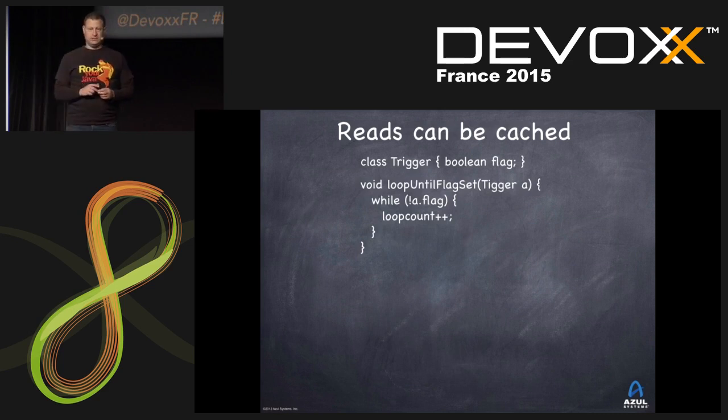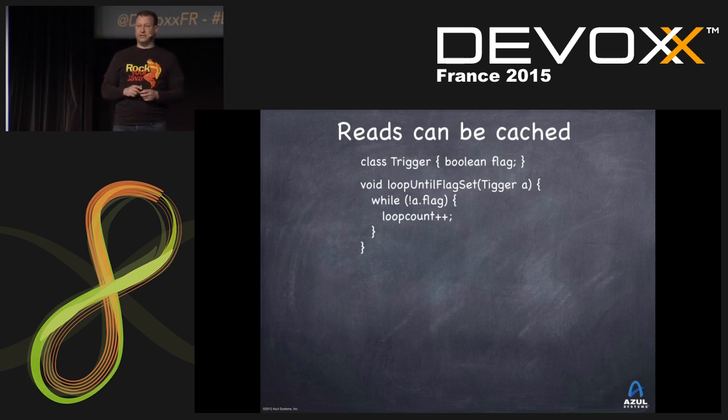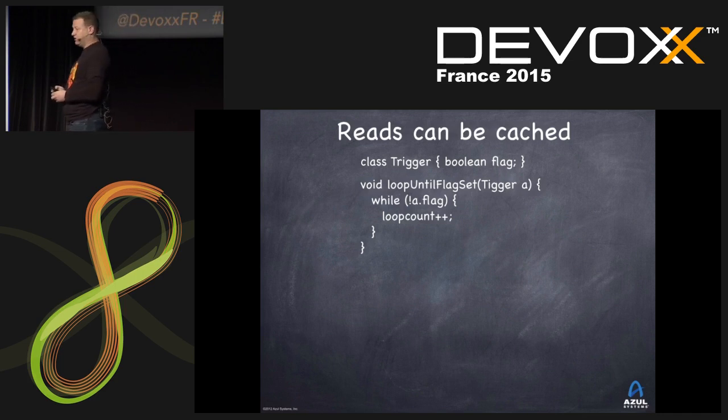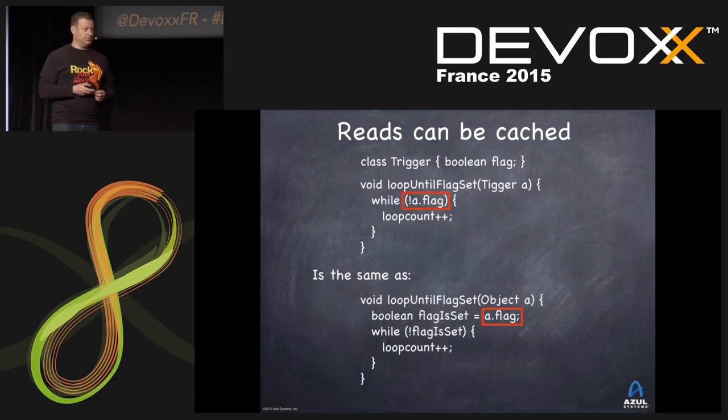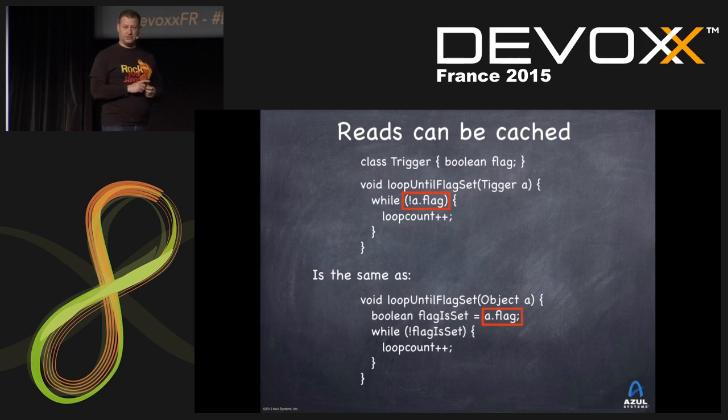eliminate reads in more surprising ways. Well, not surprising ways, but more impactful ways. See that loop? Running on a flag, counting how many times it runs until you set the flag externally to something else. The compiler is allowed to convert that to this. And this loop will never exit. Right?